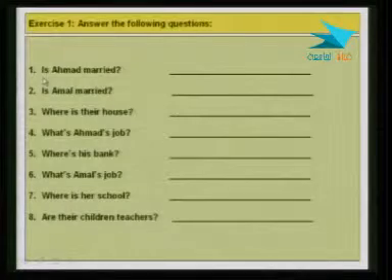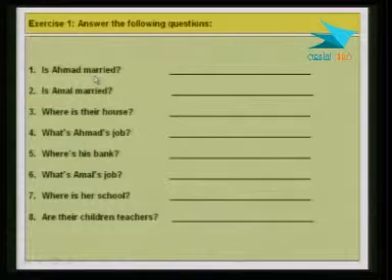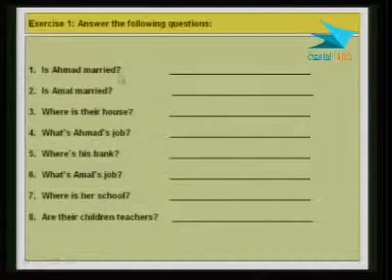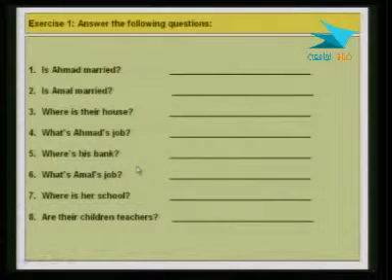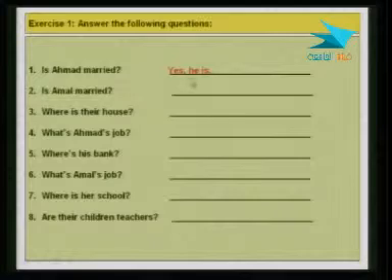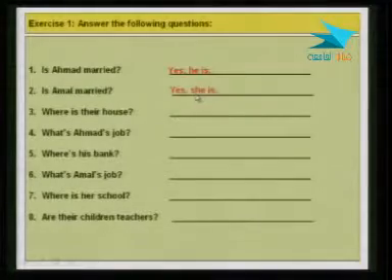It starts with is. Is Ahmed married? And by the way, these questions are about the passage that we have read earlier. Well, yes, he is. That's a short answer, all right? Because we have a yes/no question. Second question, is Amal married? Yes, she is.